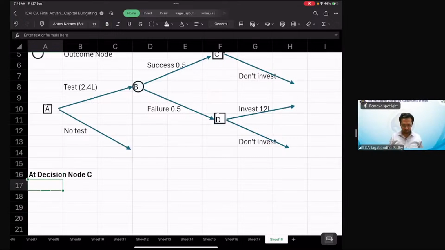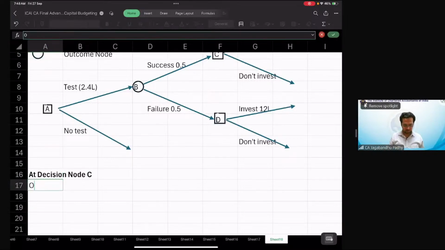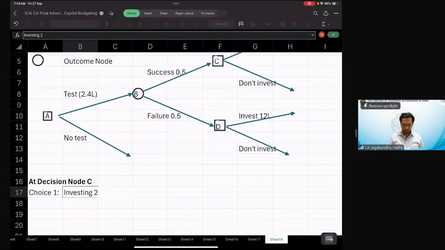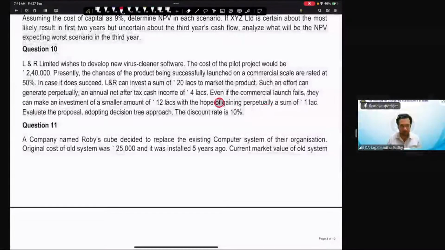At decision node C, I have choice 1 of investing 20 lakhs and getting perpetual cash flows of, what is the amount of perpetual cash flow?